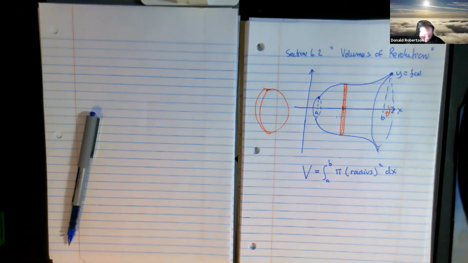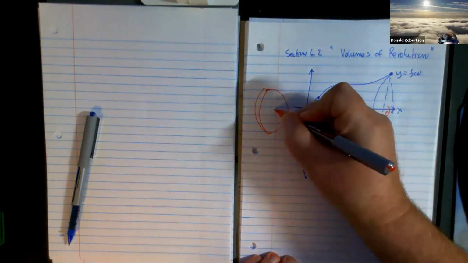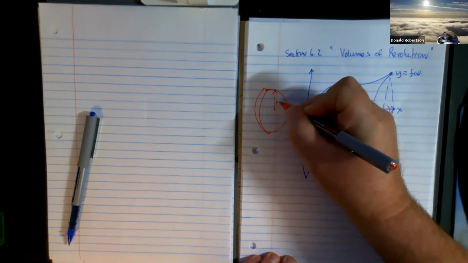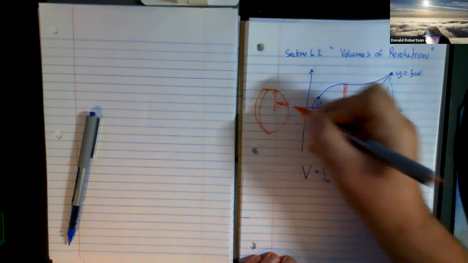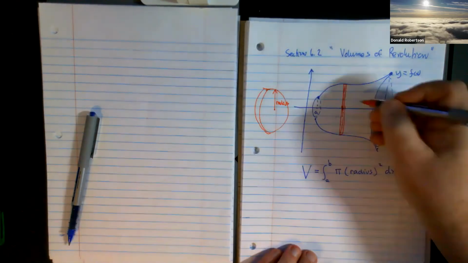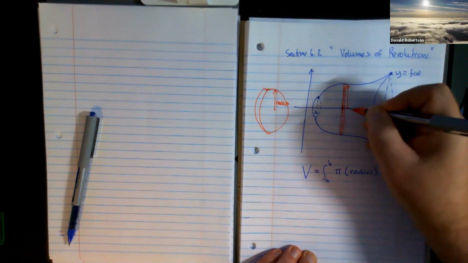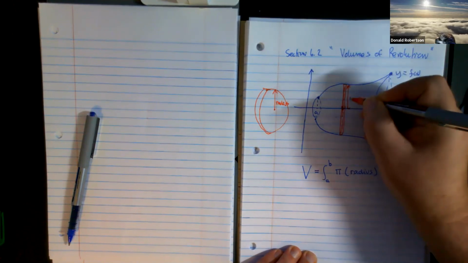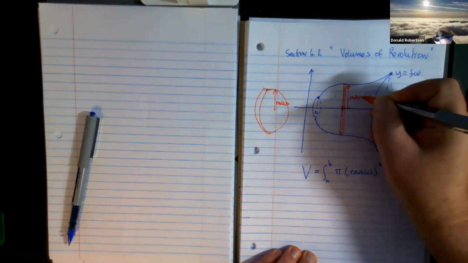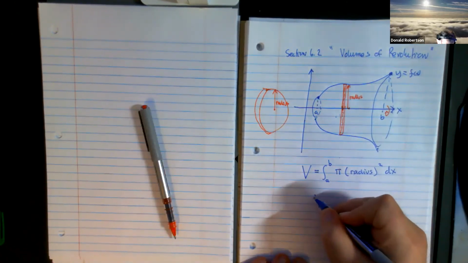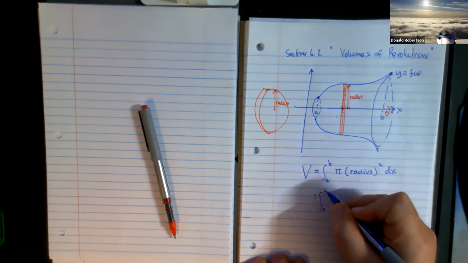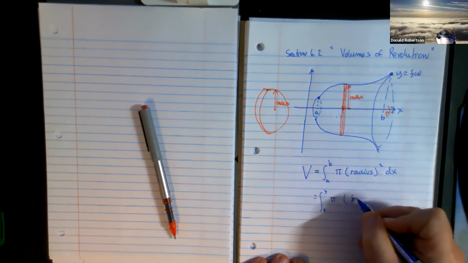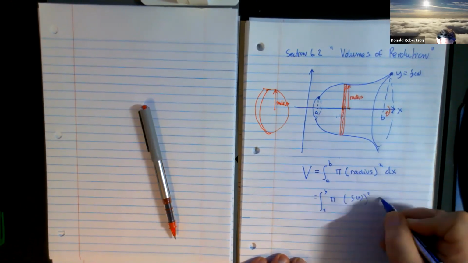And the radius, in this case, is the distance from the x-axis to the curve. So it's the integral from a to b of pi, the function, squared.